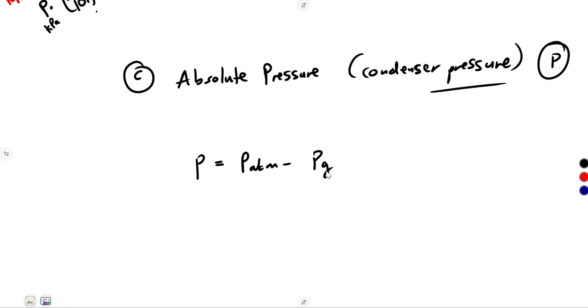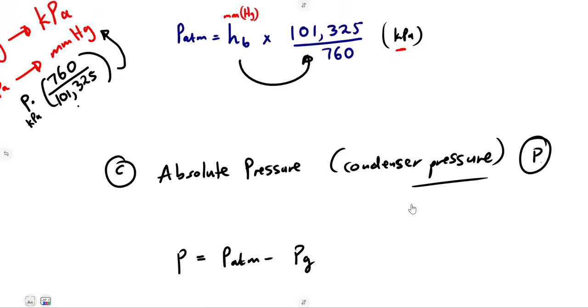If we are to consider properly from our calculations, guys, the gauge pressure is considered as a negative value. On what we had from the calculation here, remember I said we can have this.